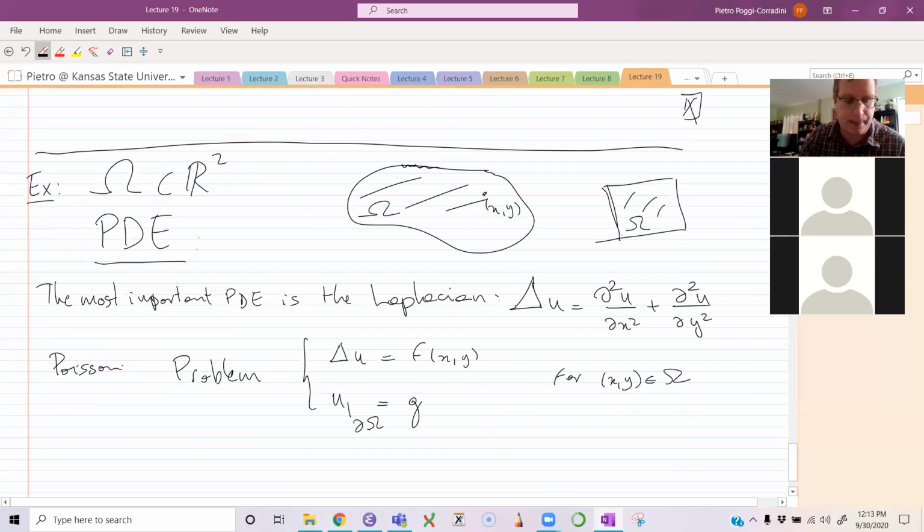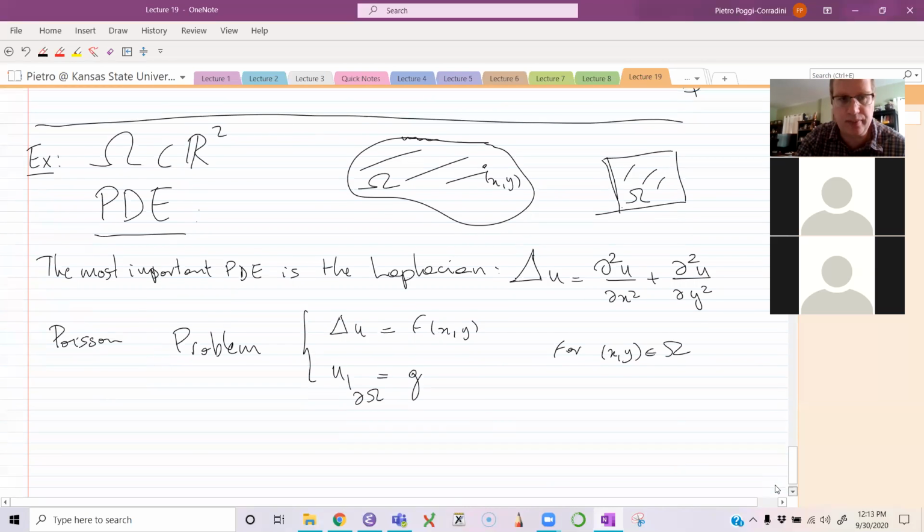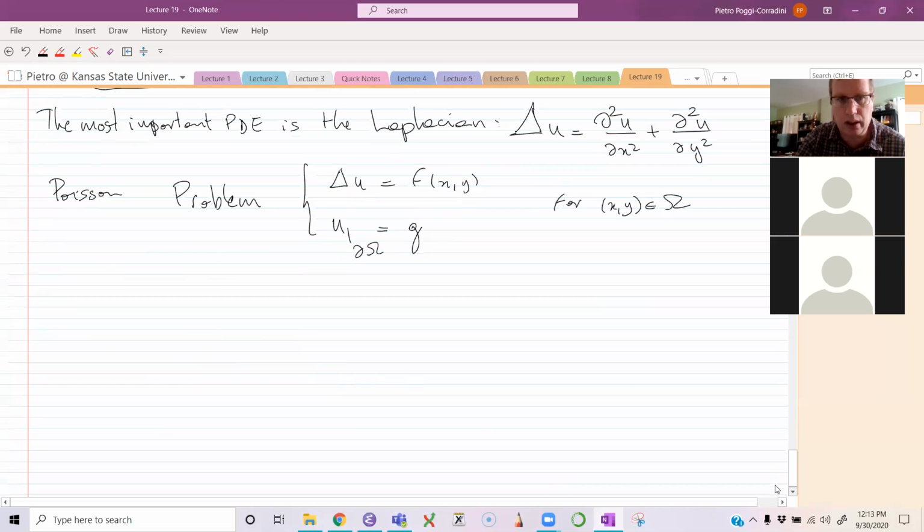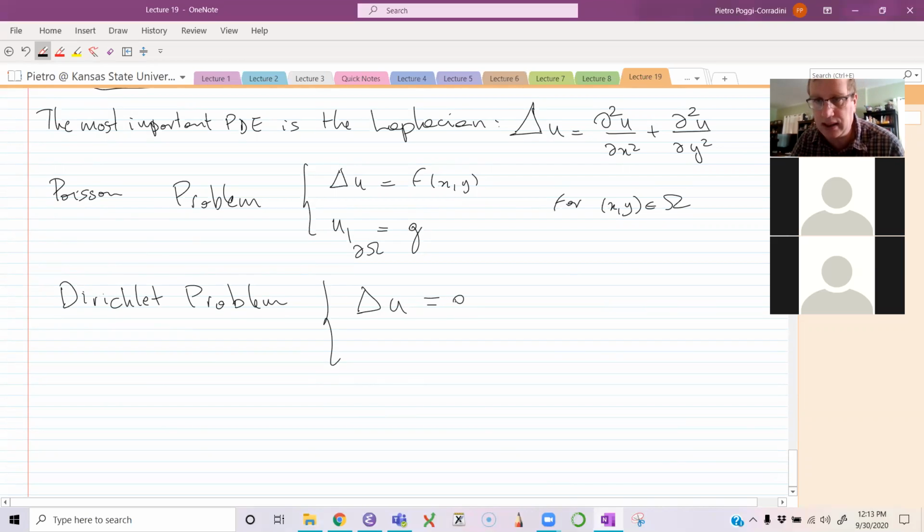But very often, before you go and solve this problem, which is a bit harder, you can just do the Dirichlet problem, which is the same thing, but now you ask for the Laplacian to be 0.